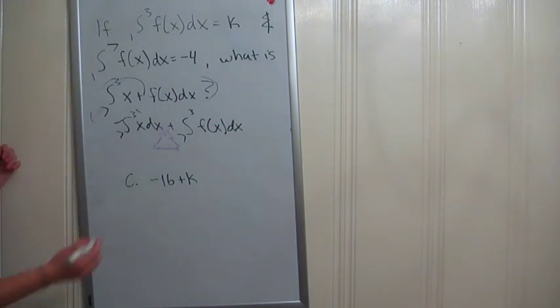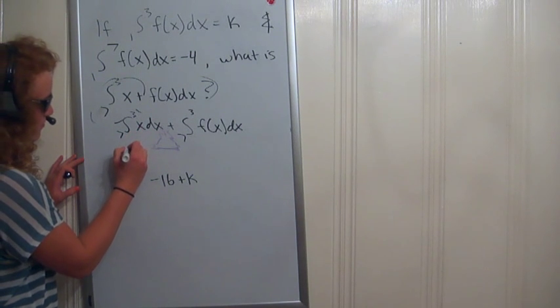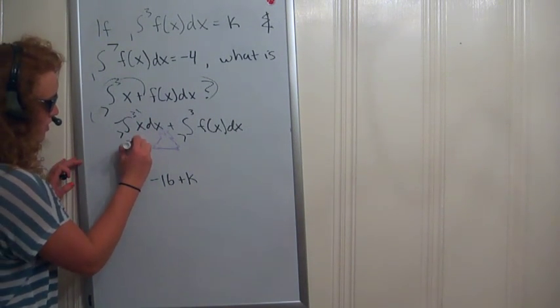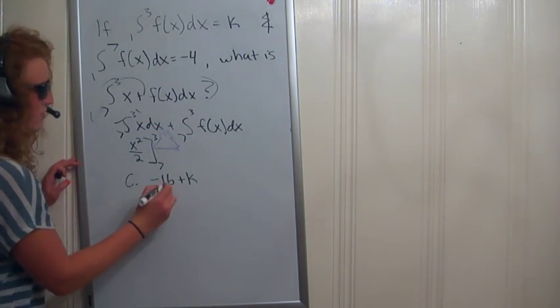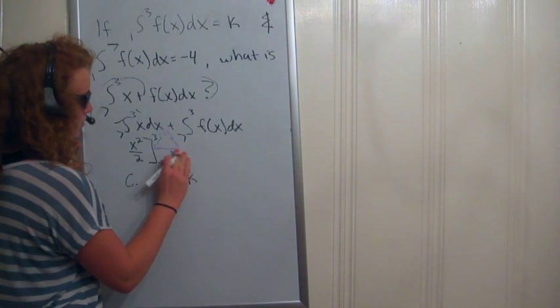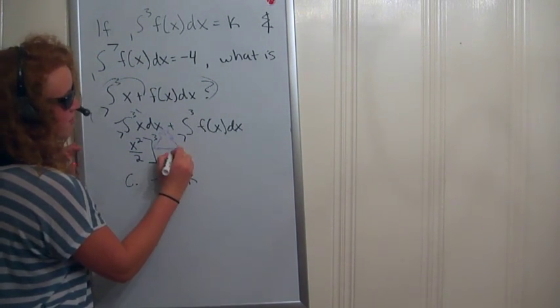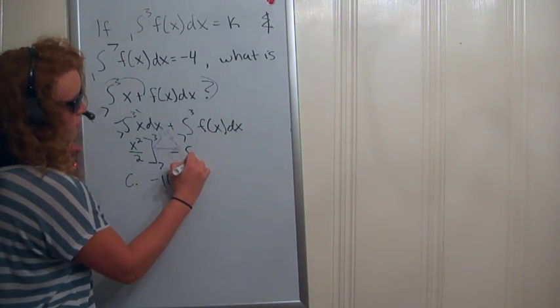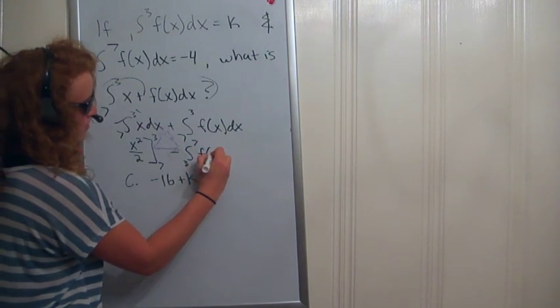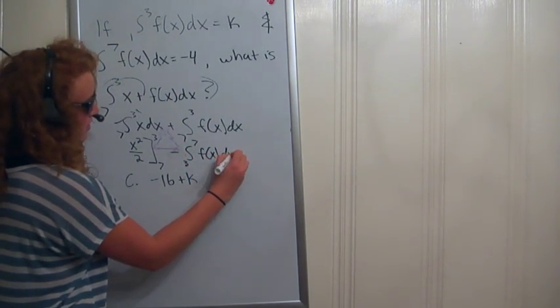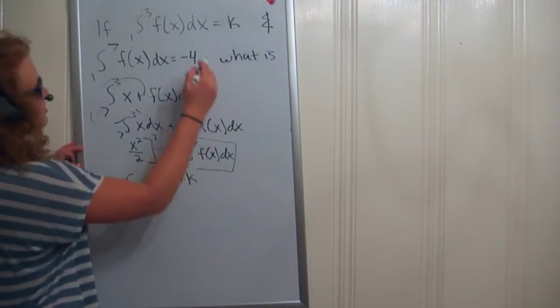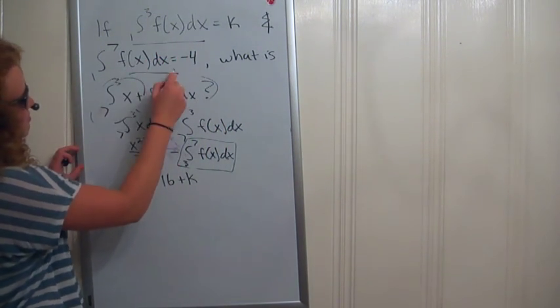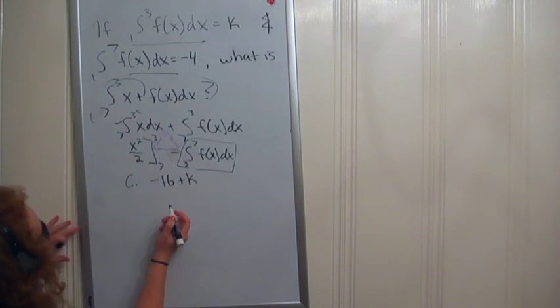From there, we can take this one and evaluate it. We would get x squared over 2 evaluated from 3 to 7 plus, well, we can rewrite this as minus the integral from 3 to 7 of f of x dx. Taking this part, we can write an equation using our two conditions that they gave us up here to find this value.